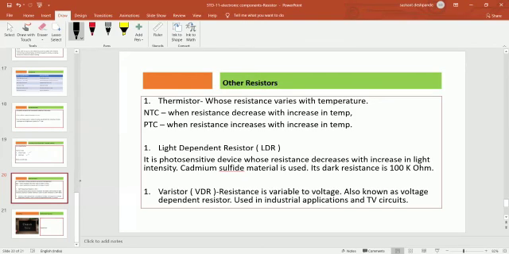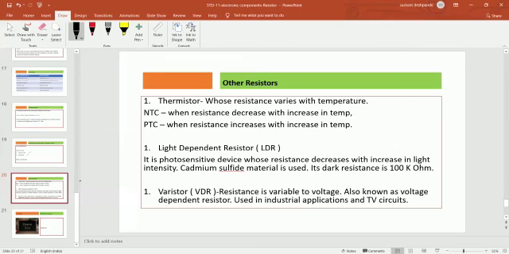Now, when the resistance decreases with increase in temperature, it is NTC, negative temperature coefficient. That is, when temperature increases, resistance decreases.